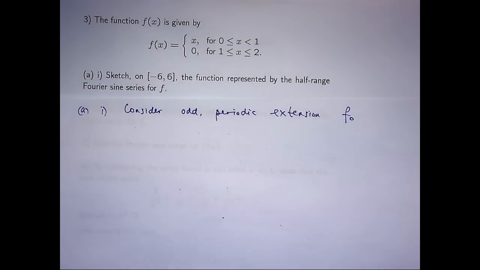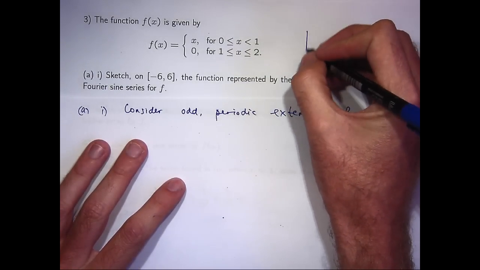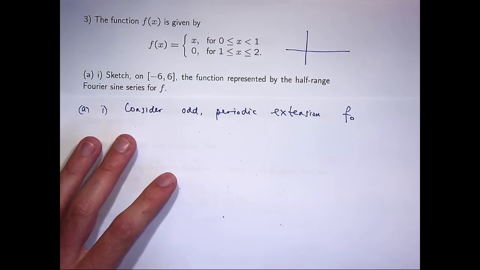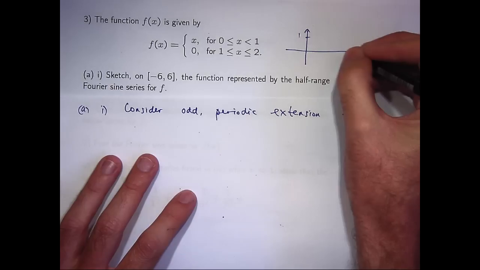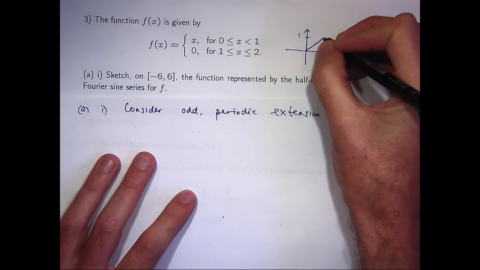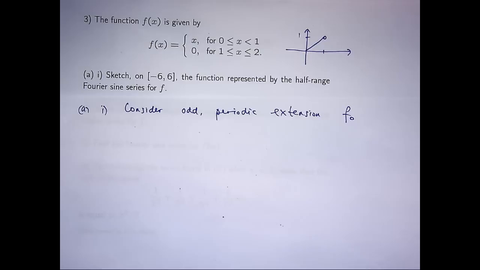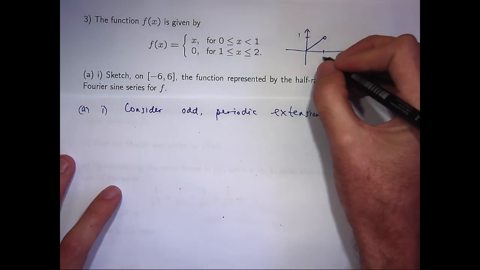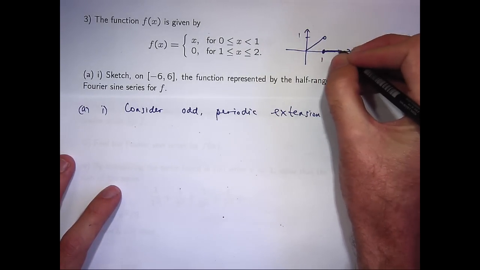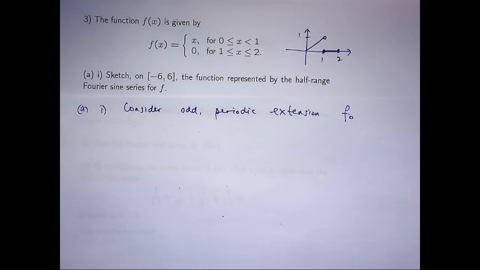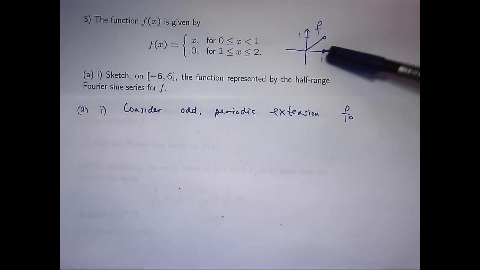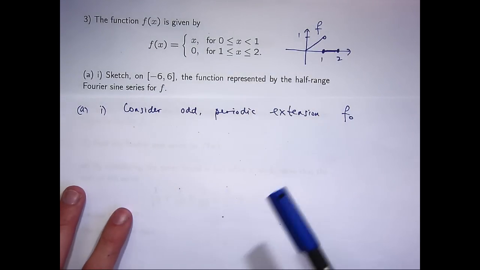Now, if I just draw a little sketch of the function f of x, the way it's defined up top, it's the x function on this interval, and then it jumps down to 0. So what I want to do is, first of all, take that graph and make it odd.